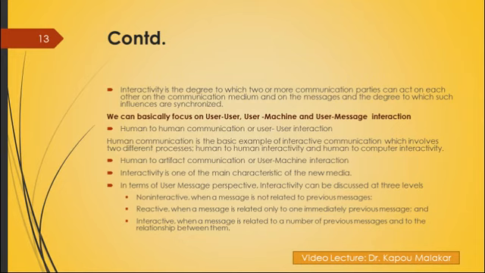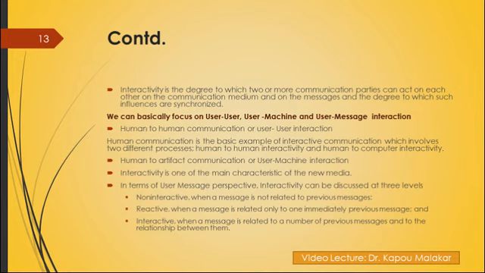Interactivity is the degree to which two or more communication parties can act on each other, on the communication medium, and on the messages, and the degree to which such influences are synchronized. So we can basically focus on three types of interaction or interactivity, as interactivity has been defined in many ways.